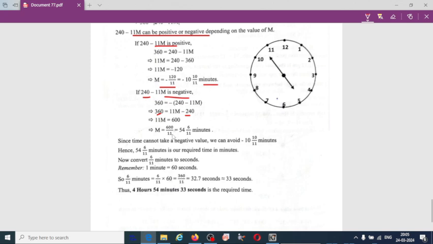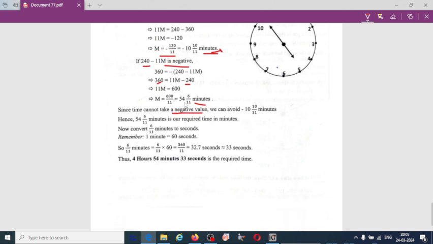You will get 600 divided by 11, nothing but 54 minutes, in fraction 6 by 11. So time cannot take negative value. So this is going to be neglected, and we can consider the second value, 54 minutes 6 by 11.